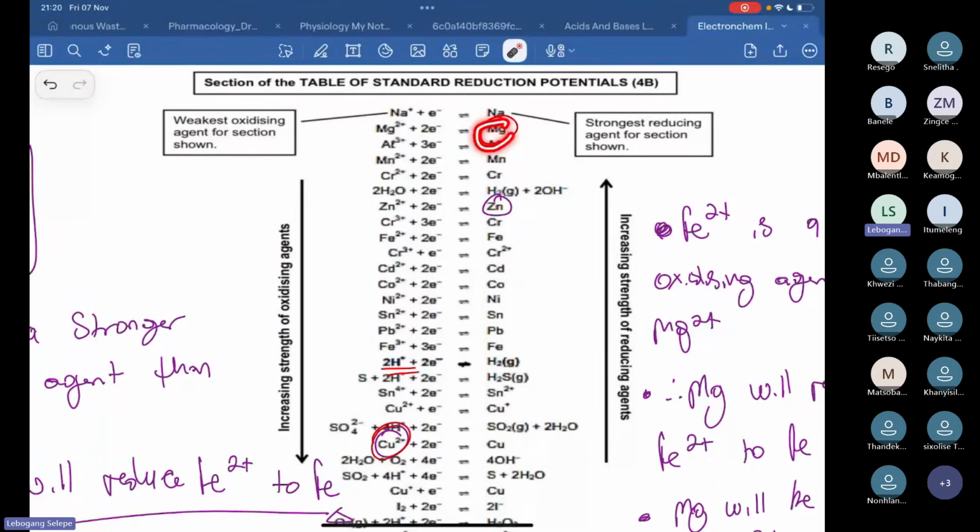Or you can look at it this way. If the substances are further apart on the table, then the E cell would be much higher. If we take a look at the first cell, you see the length between them. Look at this one here, which has a shorter distance between the substances.